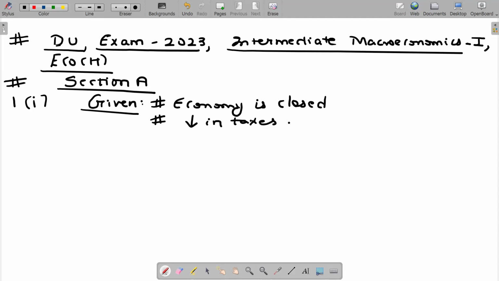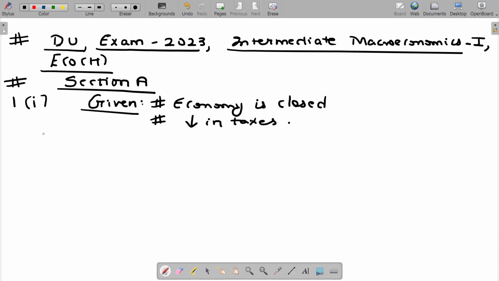Now, students, when taxes fall, what will happen? If you look at the consumers or the laborers, they are going to work more. A fall in taxes would encourage them to work more. And as a result, when they work more, they demand more goods and services.